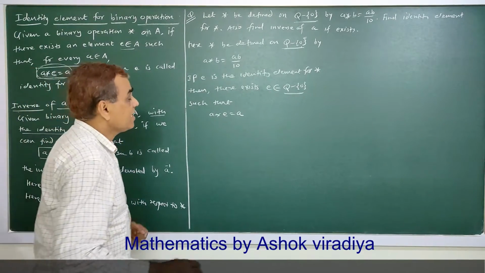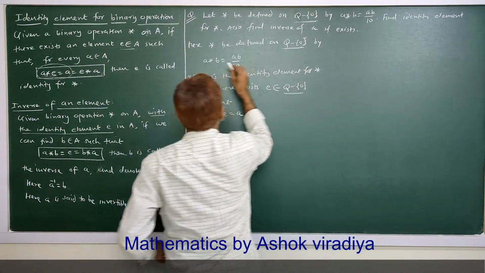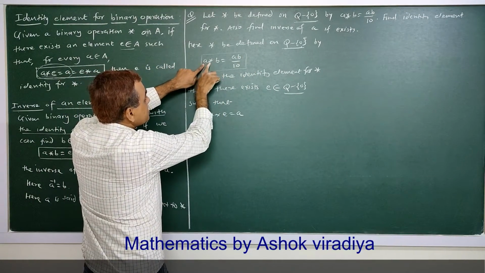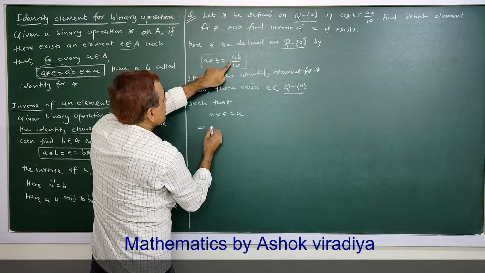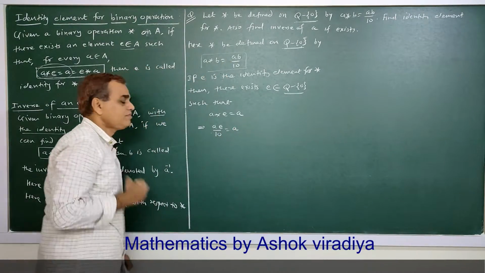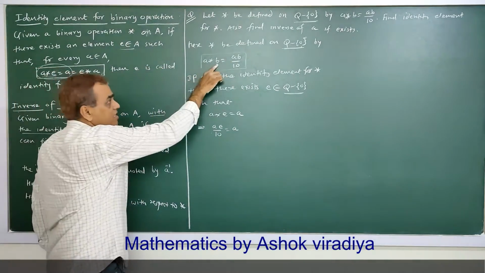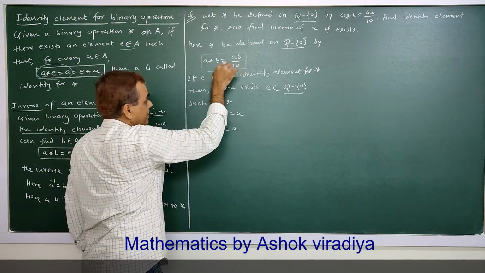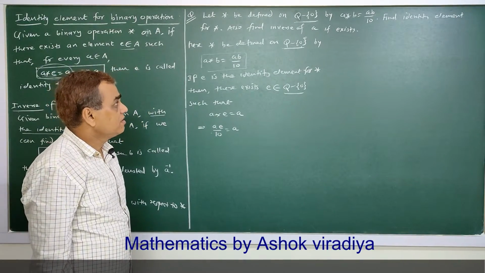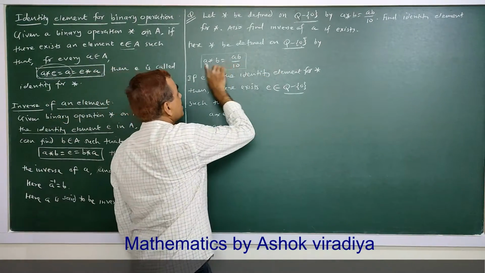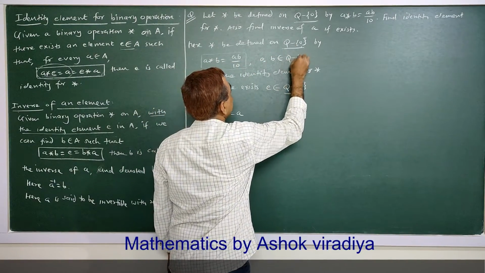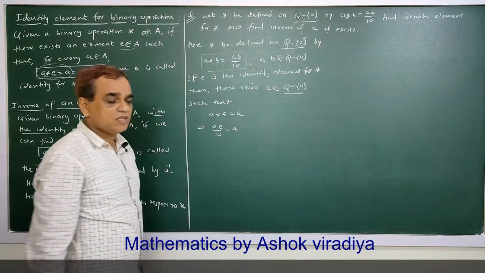Now A star E is A. Applying the formula, what is A star E? Put E in place of B: A star E is A into E upon 10 equal to A. Here A and B are both in this set, so no one is 0.